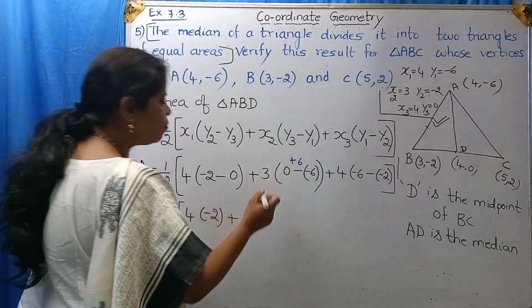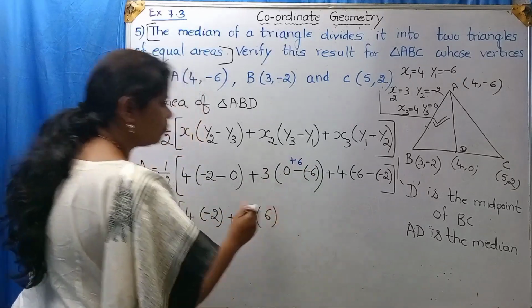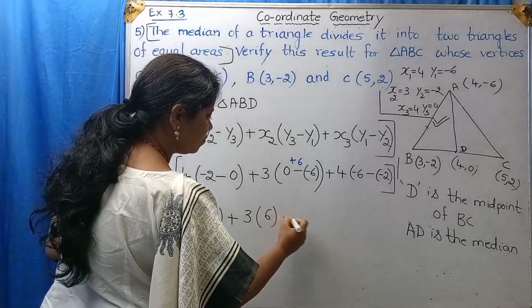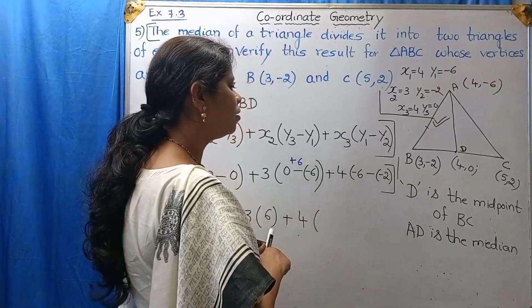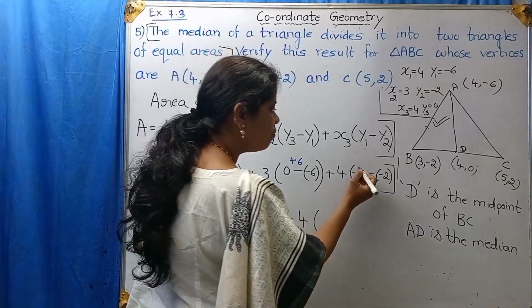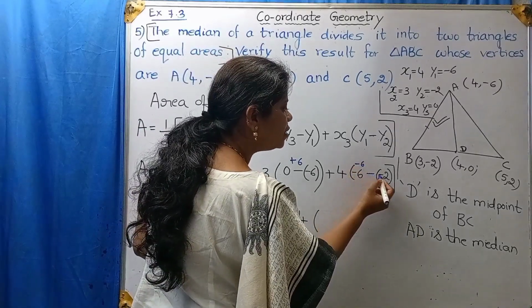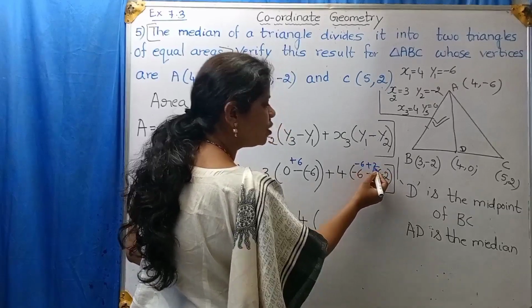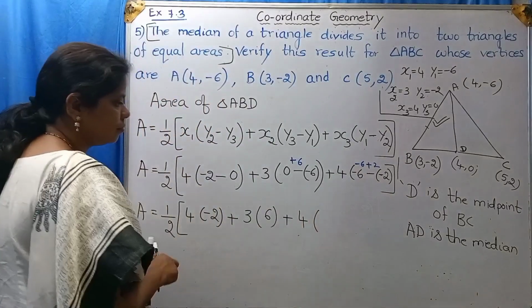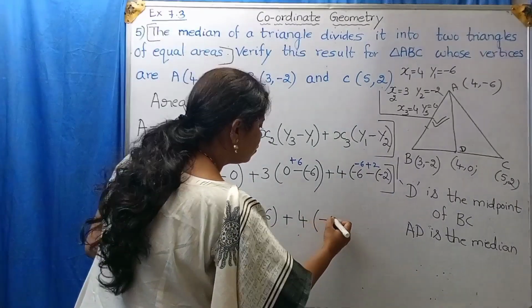Therefore, 3 into 6 plus 4, bracket. Now look at this carefully. Minus 6, minus into minus is plus 2. Minus 6 plus 2 is what? Minus 4. Minus 4.